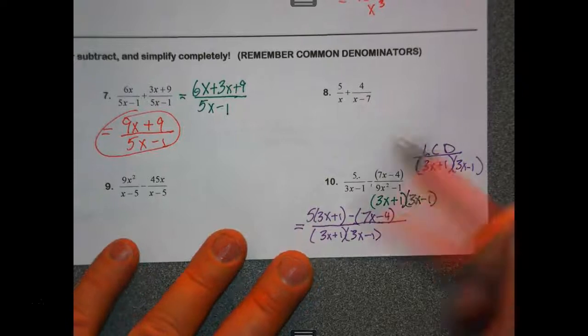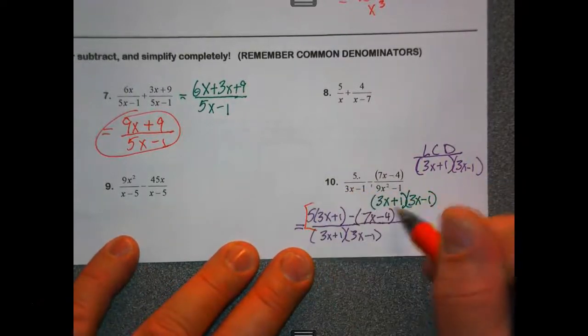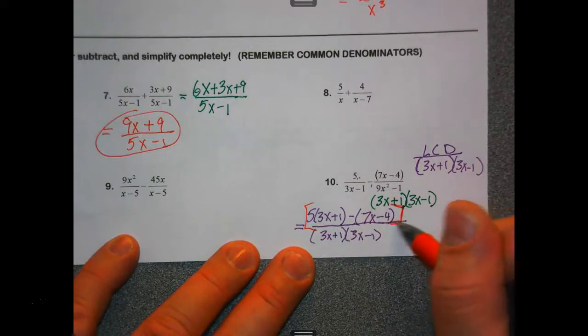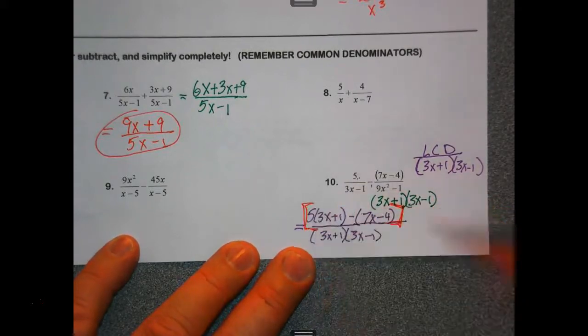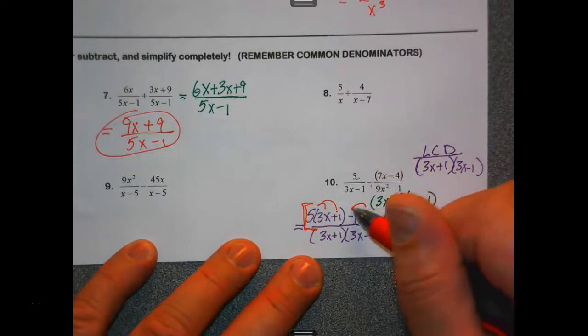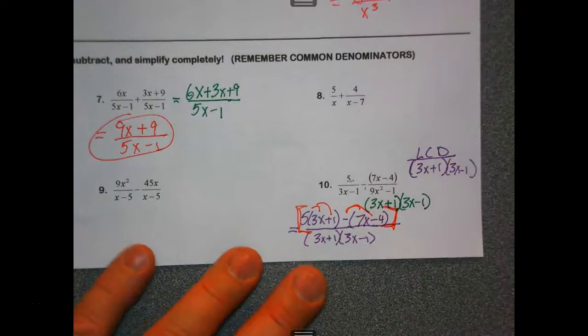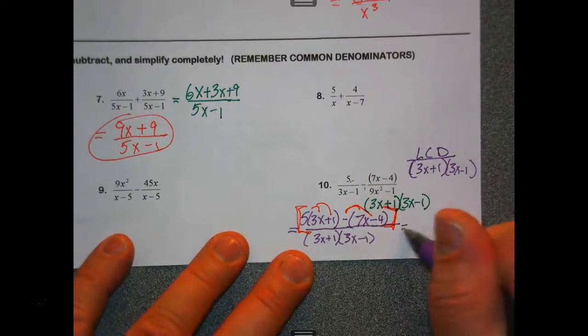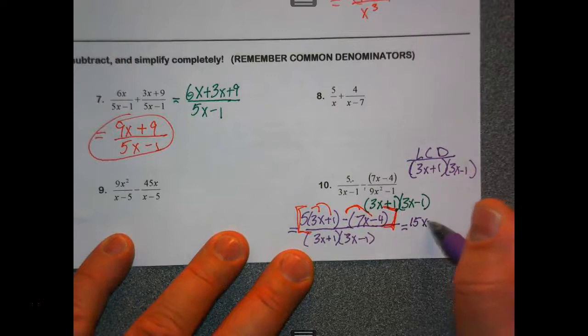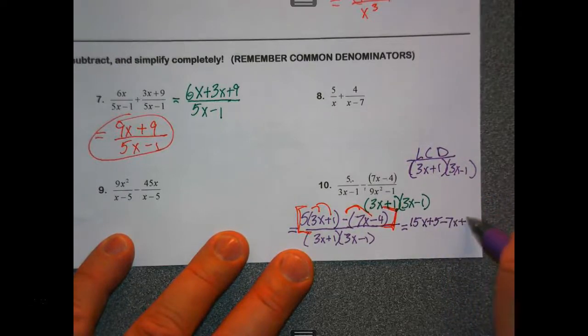We distribute. Remember, this is locked in there. Don't cancel out the 3x plus 1. Okay, so we need to distribute. So I get, let's see, 15x plus 5 minus 7x plus 4.